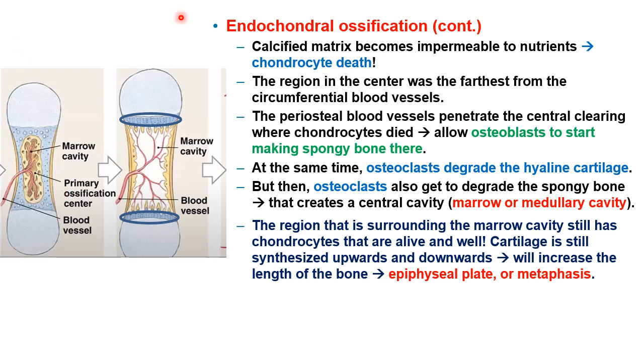Wait. So coming back here, I mentioned that because I was thinking about the epiphysis at the end of the bone, and then you have the diaphysis in the middle, and then you have those metaphyses, and those are also called epiphyseal plates. Don't get those confused.